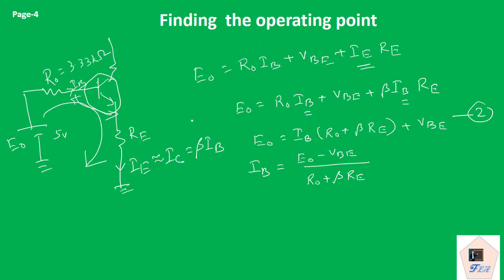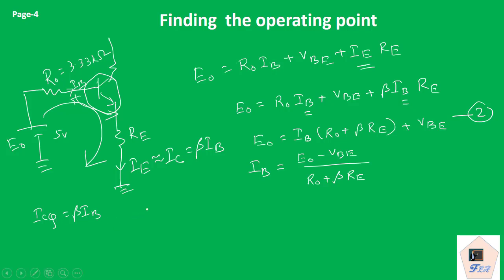Further, the operating current we can find, ICQ, that is equal to beta IB. IB value we have found from here. So directly instead of evaluating this one, we can directly evaluate ICQ, or if you want, you can first evaluate this one, then find IB, and then put IB over here to find the ICQ.